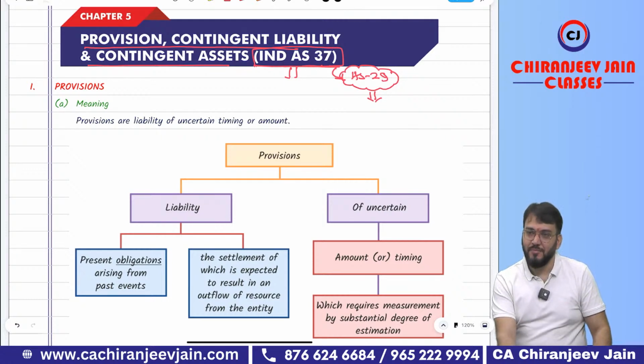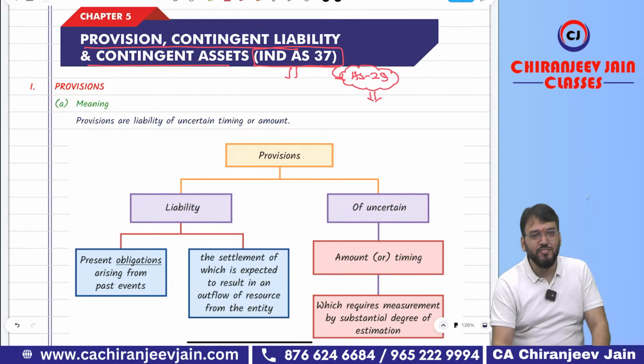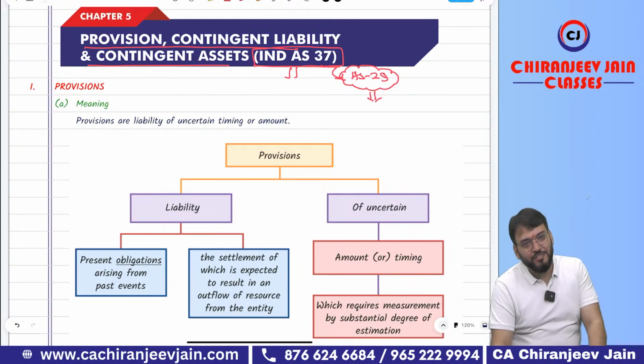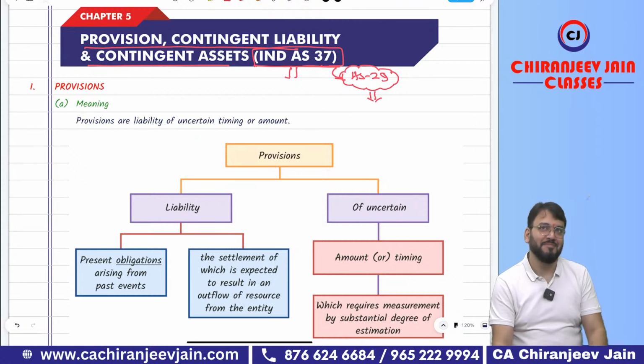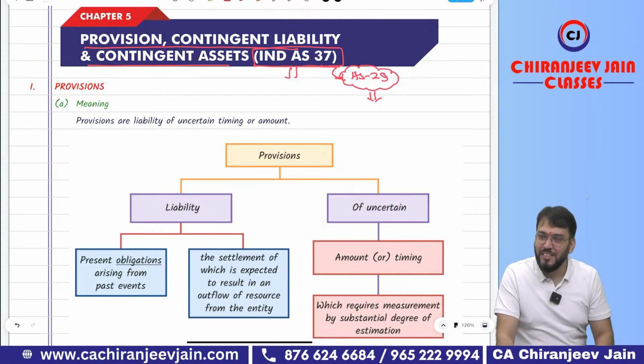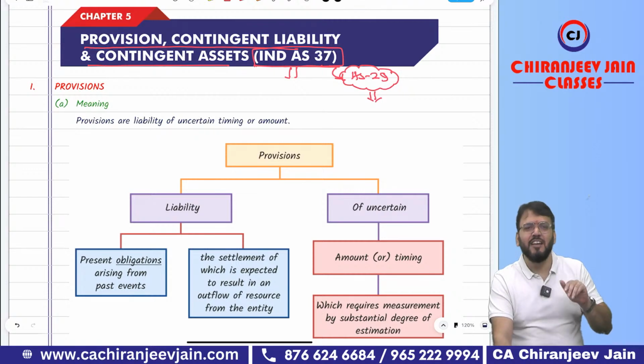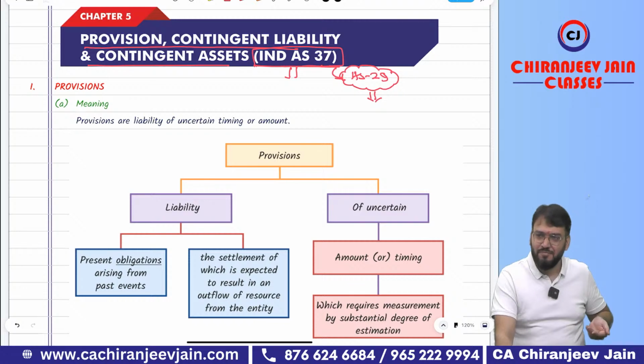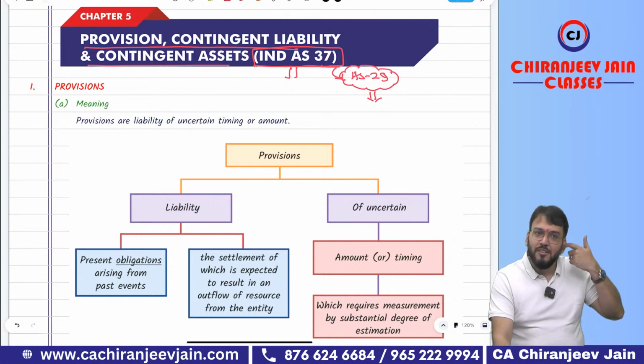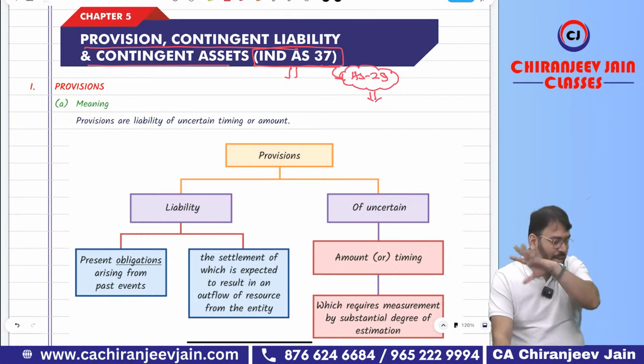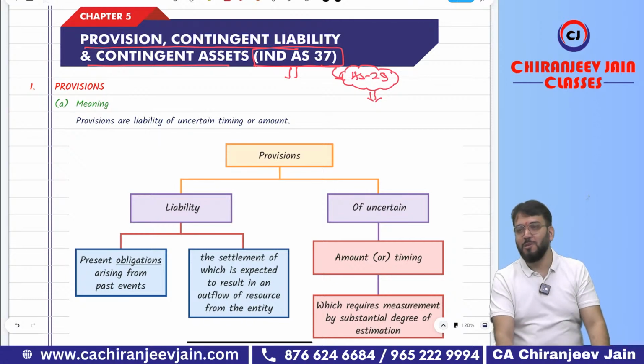Uncertain expenses. For uncertain expenses, we create provision. For certain expenses also we create provision. It can be certain, it can be uncertain. Chalo, theek hai. The first question, whatever you have said, I understood what you want to say.